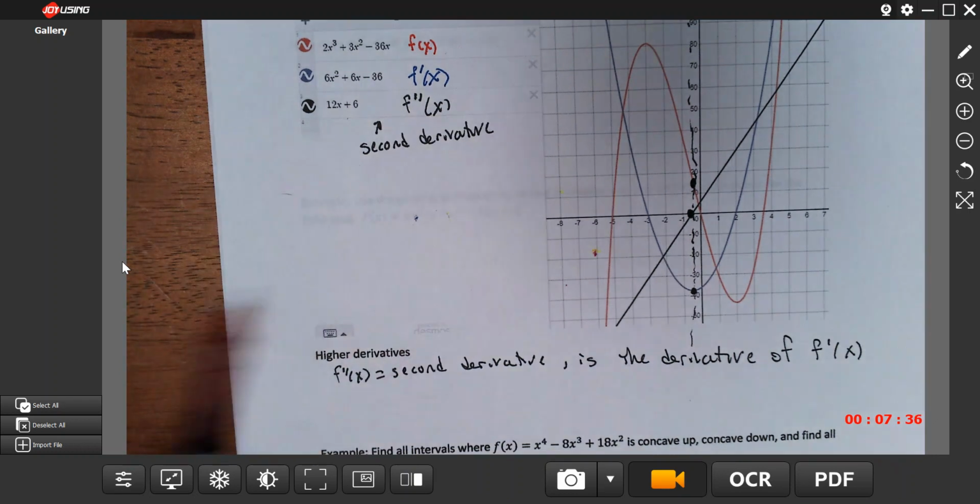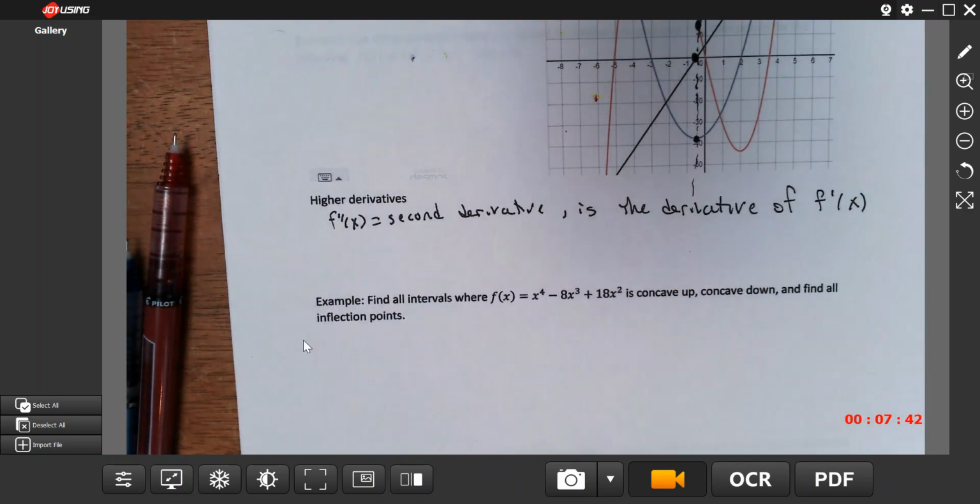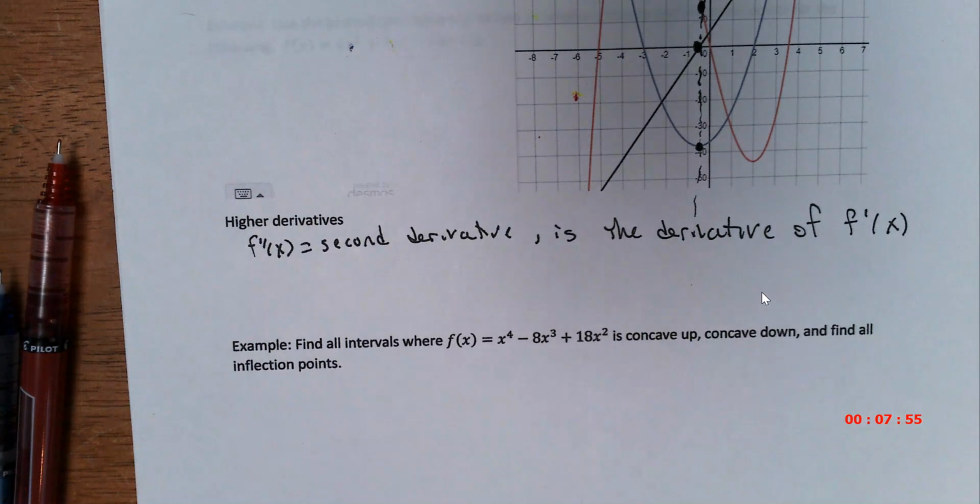All right, so if we move on to this next example here, figure out how to pause.